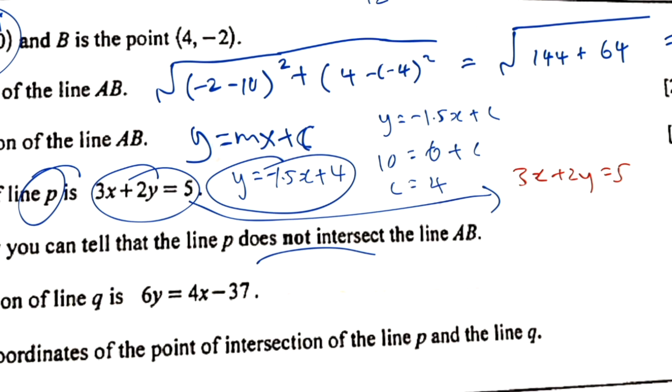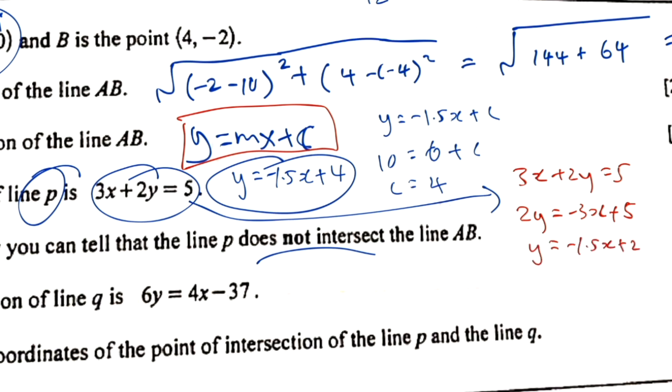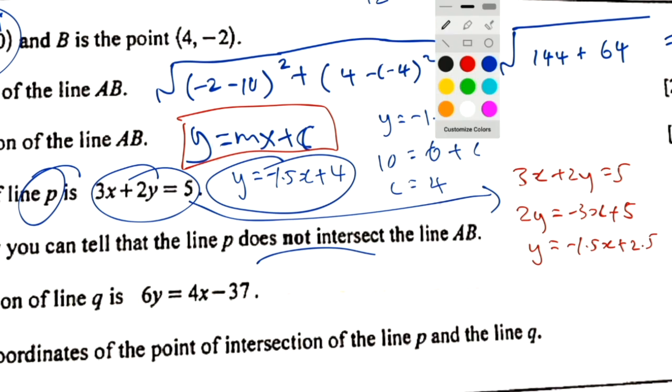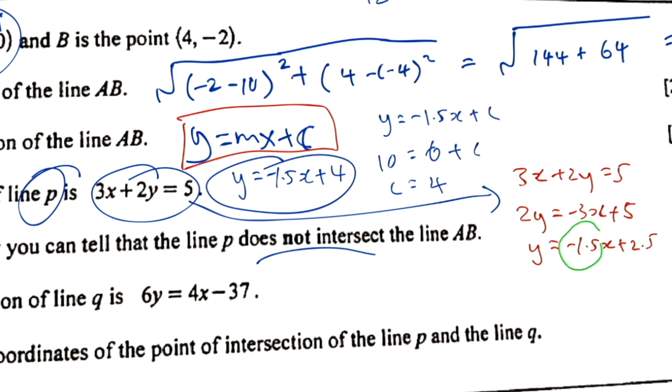What's the general equation of a line? Yes, y equals mx plus c. So 2y equals minus 3x plus 5. So can we see that the gradient is the same? Same gradient means parallel.